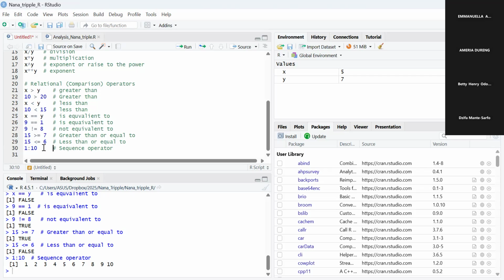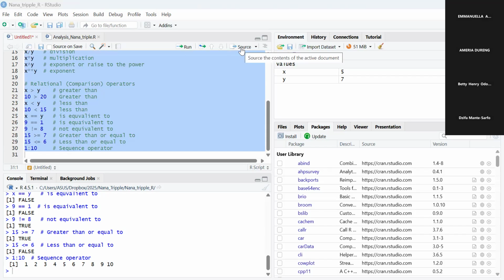If I want to see the results for each command I type, I'll run them. But when I am done and I don't want to see it, I highlight everything. Assuming I'm not so much interested in the result, I can highlight everything and run the source. When I run the source, it won't give me any result.